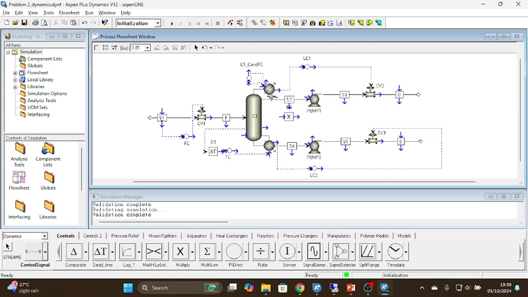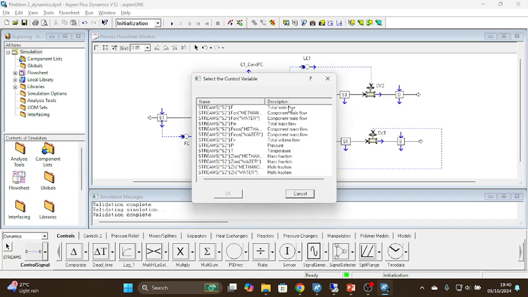Control signals. So here you have to fix the total mass flow.